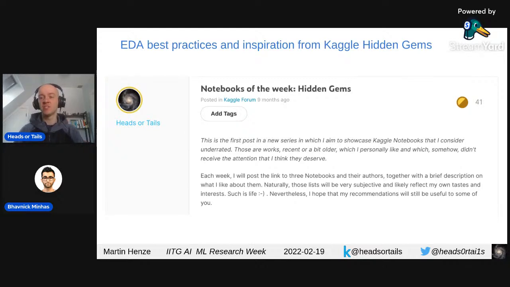The purpose of the series is to highlight notebooks on Kaggle that I consider underrated. That essentially means the content is great, the presentation is great, it's a great notebook, but for some reason it didn't get the attention and the praise that it deserves. I want to give that attention to the notebook authors, and give them the motivation and the encouragement that their work deserves.